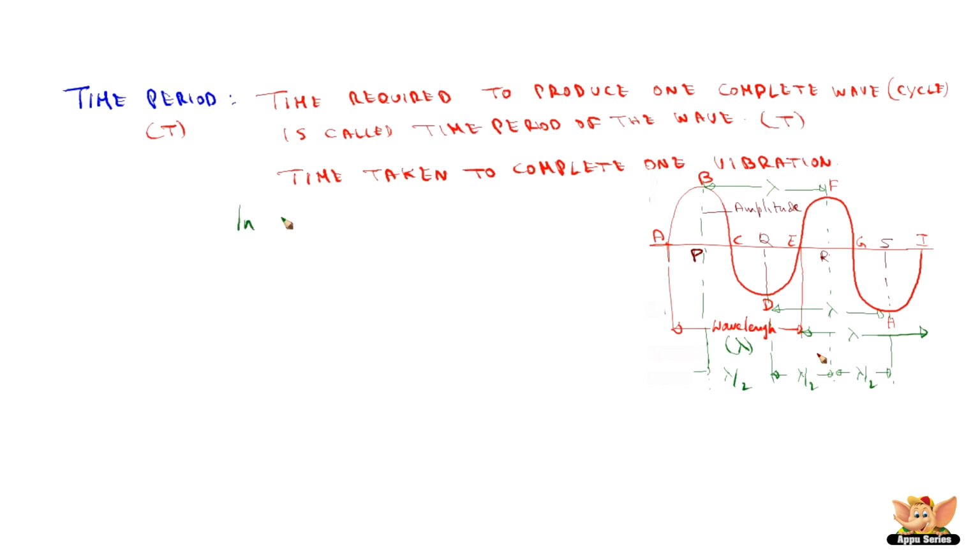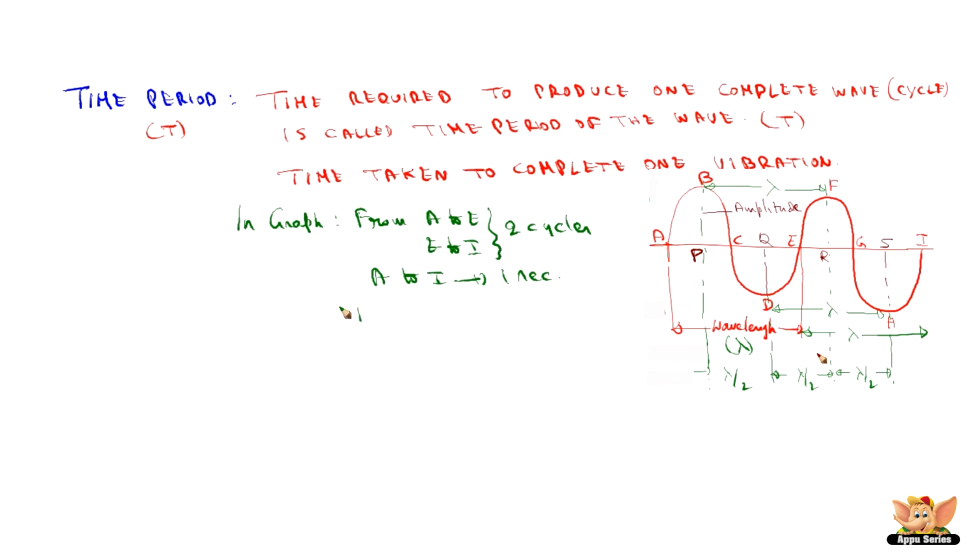Now, for example, in the graph we have point A to E and E to I. This has completely two cycles. A to E is one cycle, E to I is one cycle. Let's say this A to I takes a time of 1 second.